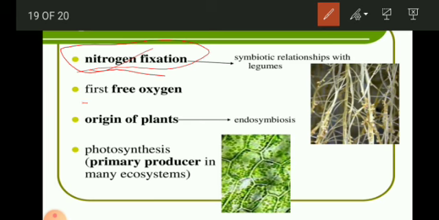We can say it is the first free oxygen producing organism on the earth. Because it is blue-green algae, it produces oxygen, it does photosynthesis like the plants do. So they are believed to be responsible for first introducing oxygen into the primitive atmosphere.